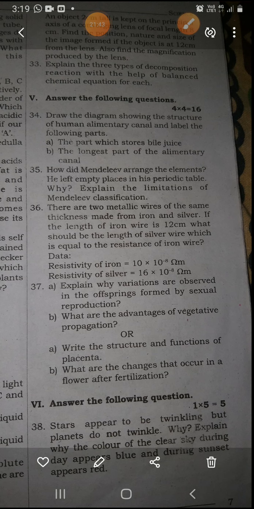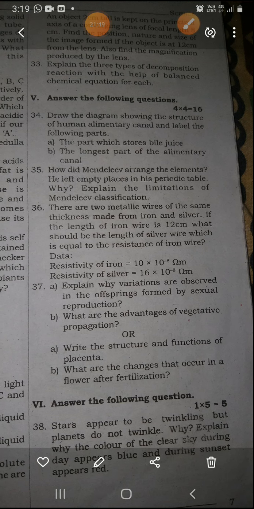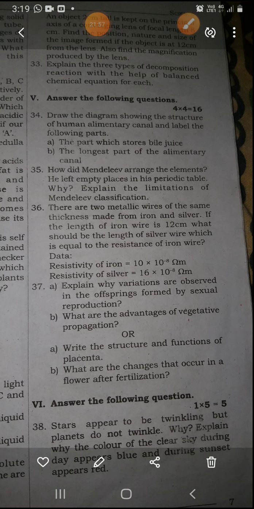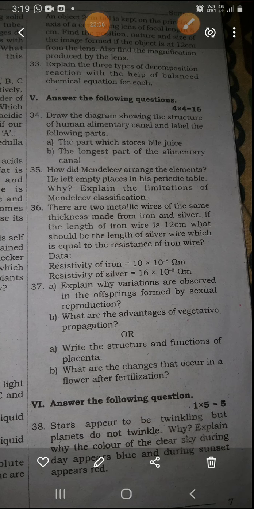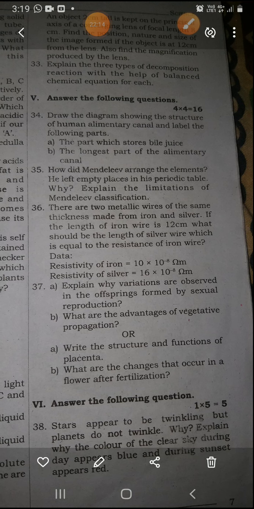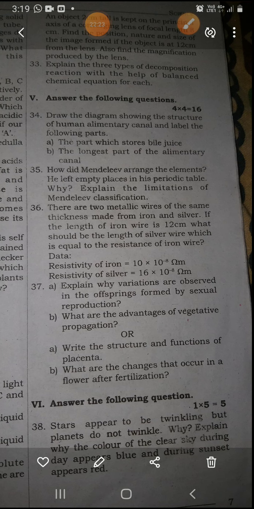He arranged the elements in the increasing order of their atomic masses and obtained an orderly table consisting of rows and columns similar to the modern periodic table. But he failed eventually. The position of hydrogen was not satisfactorily explained by Mendeleev. Why? Because he kept only one place for hydrogen, but hydrogen has isotopes.